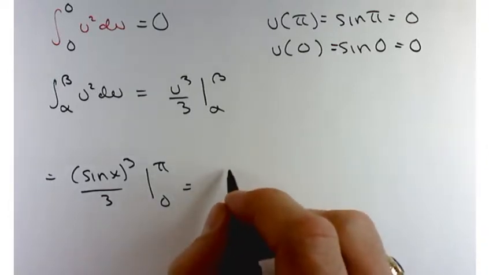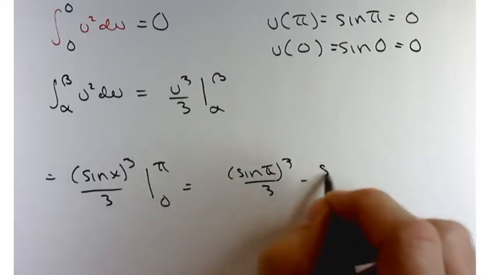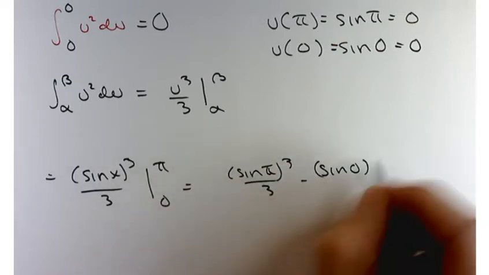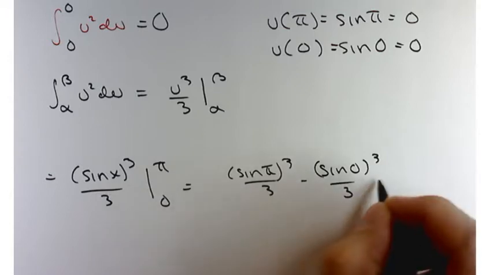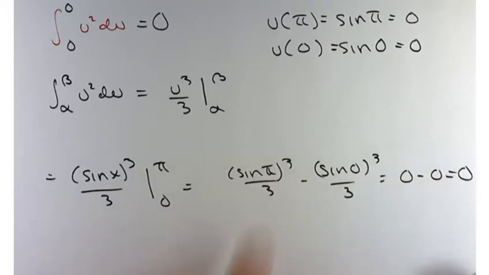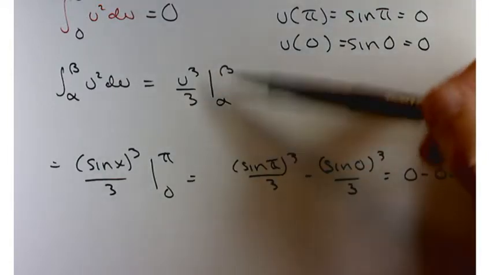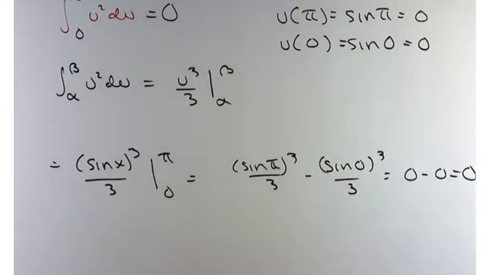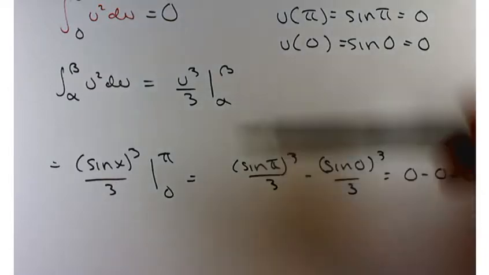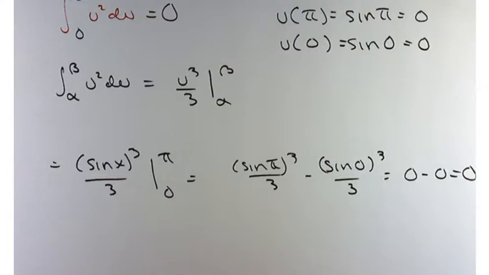Well, I'll get sine of pi cubed over 3 minus sine of 0 cubed over 3. And it's still going to be 0 minus 0 when we do it that way. So you'll eventually get the same result. So it's a good question, and I appreciate it. I also appreciate the opportunity to make a little speech about this part right here, because you really shouldn't use 0 to pi here, because that's the units for x, not for u.